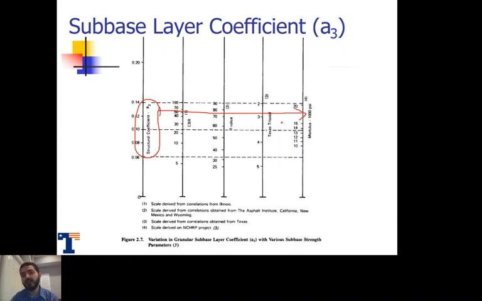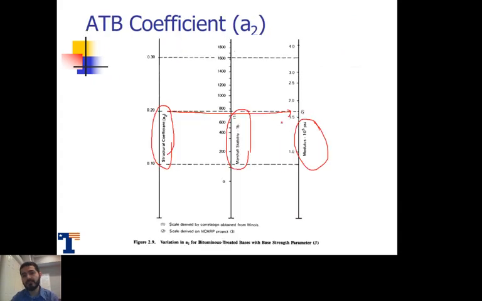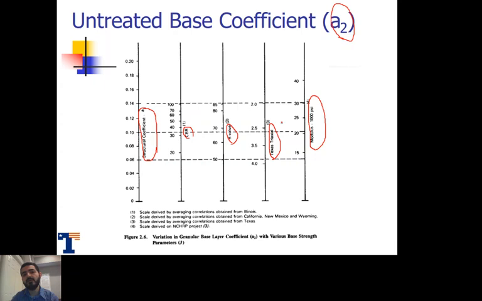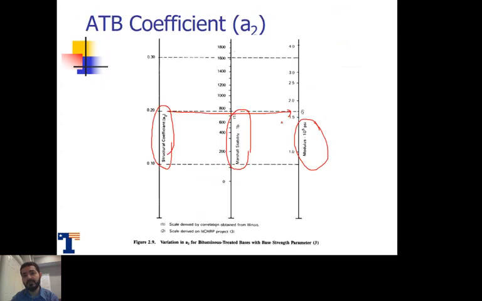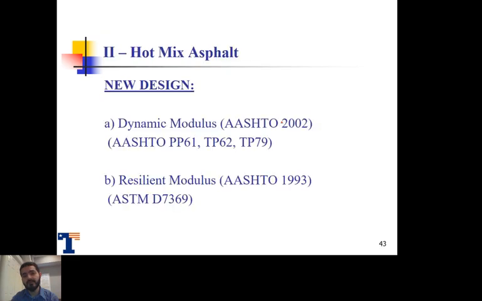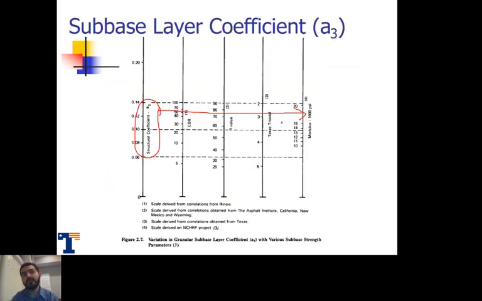And if we can't do any of these, we can come up with a correlation from the layer coefficient, A1 or AI, using this equation, all the way to using these graphs for specific types of bases and sub-bases, A2 all the way to A3, which is the sub-base layer coefficient. With that, we finish this part, and I will see you next time.